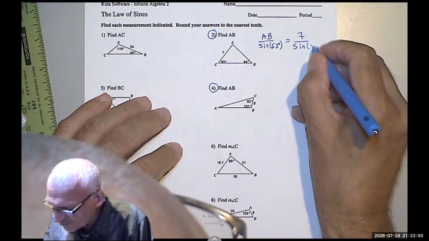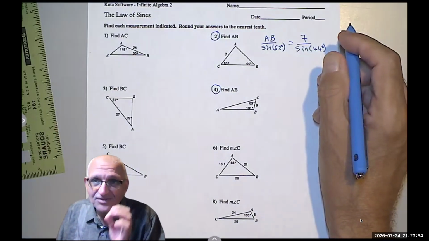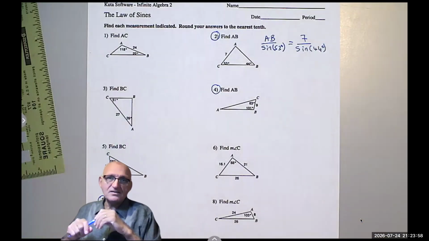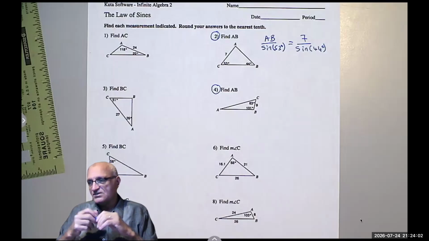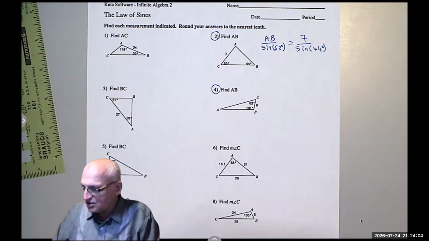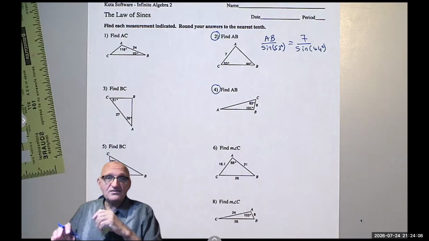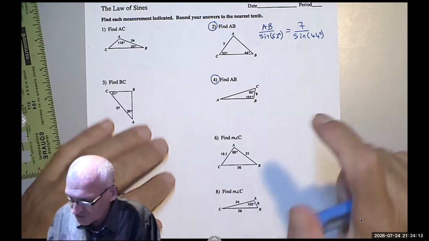Sine of 44 degrees. Make sure your calculator is in degrees, not radians, because if you're graphing the sine and the cosine or the trig functions, usually we use radians. So be careful and make sure you switch back to degrees before you solve that.